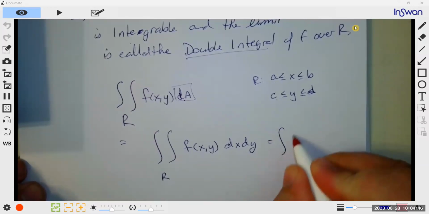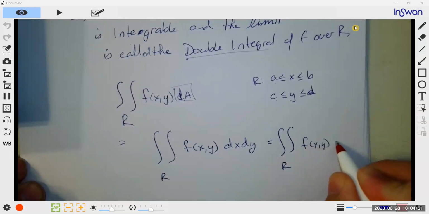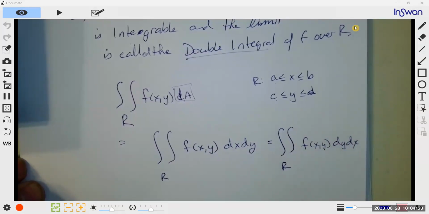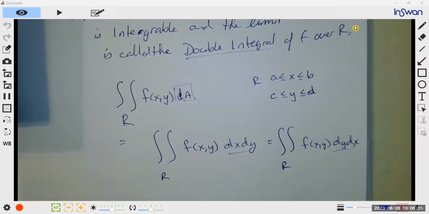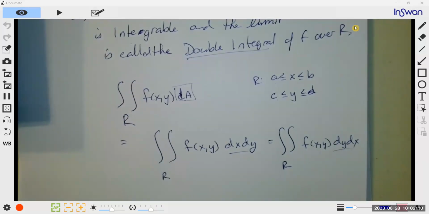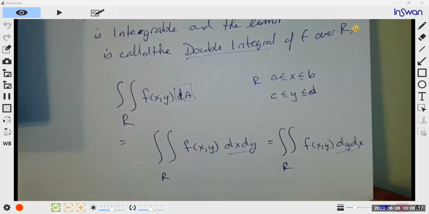This is the same as f of xy of dy dx. So the order of integration is irrelevant, because we're looking for the area under the curve. The area is not going to change depending on how we take it. All right, so that's what we're going to look at. We're going to do integration with x and y first, and conversely do the other integration with the other variable.